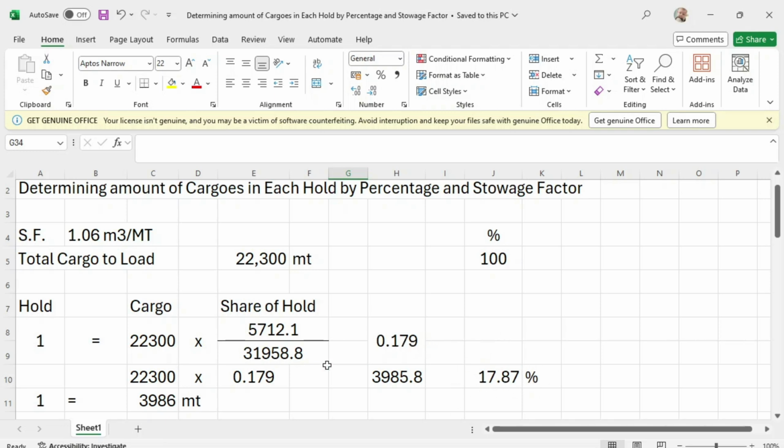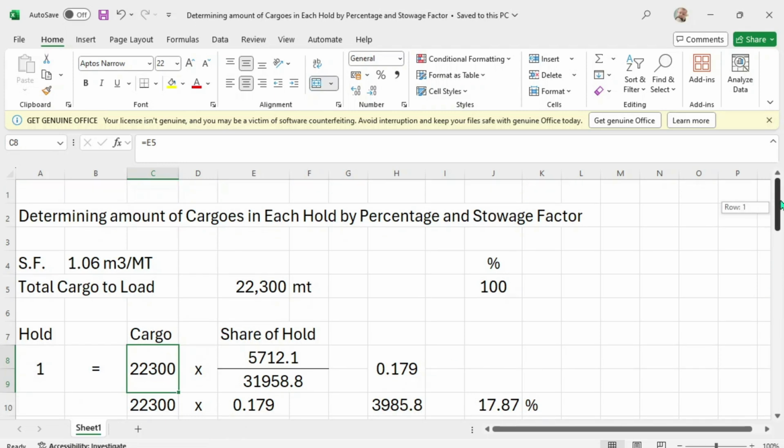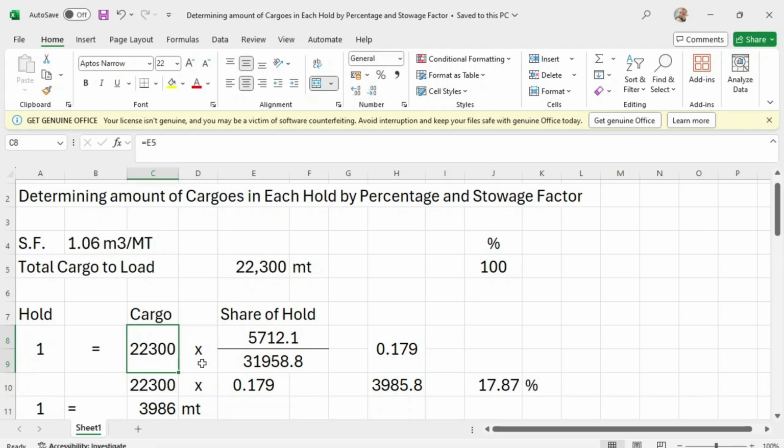Okay, so in number 2, what I did, guys, is just input here the total cargo multiplied by your hold number 1 hold capacity over your total hold capacity. When you divide this one, you will get this value.